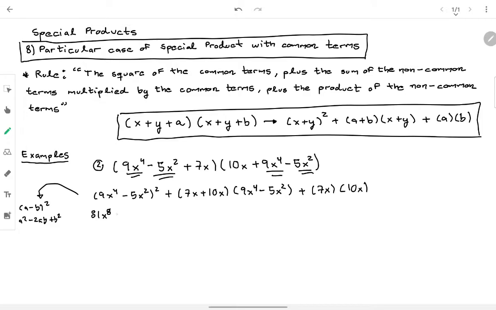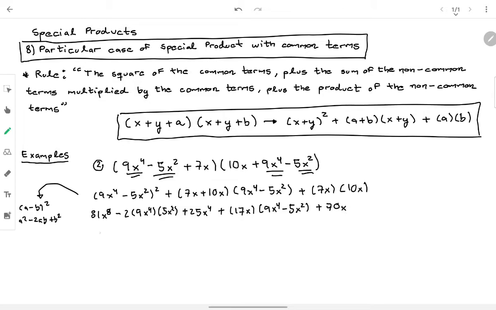Then it's going to be minus 2 times 9x to the 4 multiplied by 5x squared plus 25x to the 4th. Then it's going to be plus 17x that multiplies 9x to the 4 minus 5x squared plus 70x.